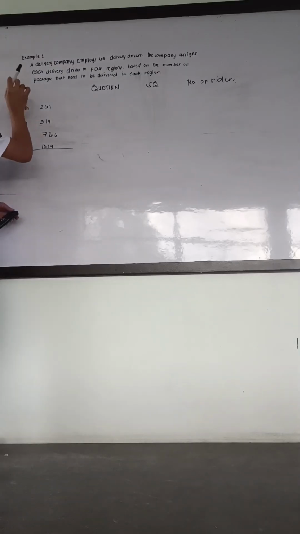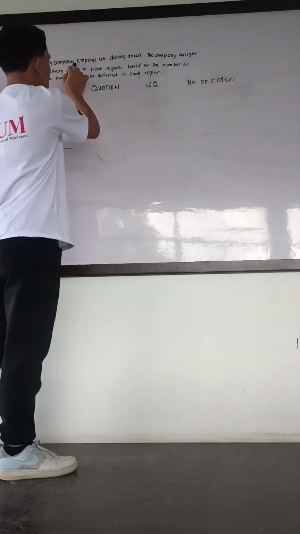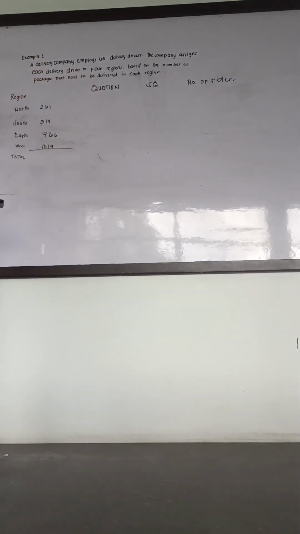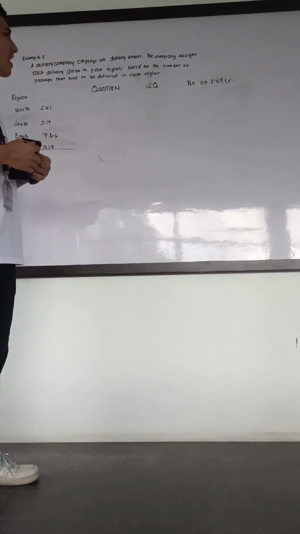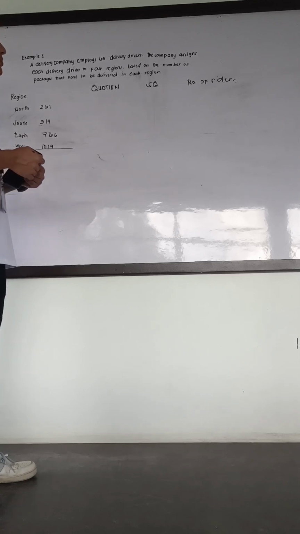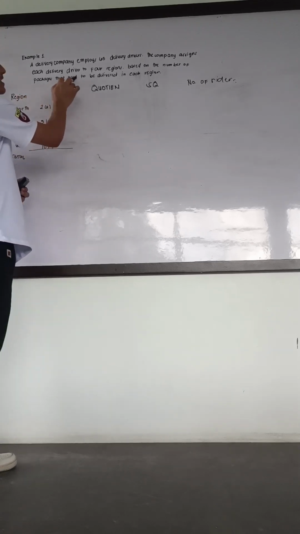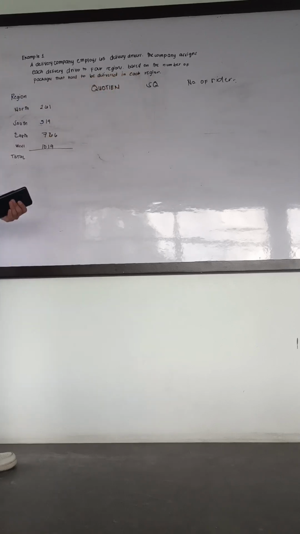Here is the first example. A delivery company employs 65 delivery drivers. The company assigns each delivery driver to 4 regions based on the number of packages that need to be delivered in each region.